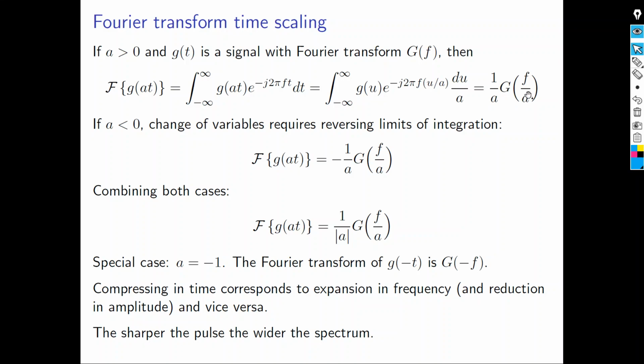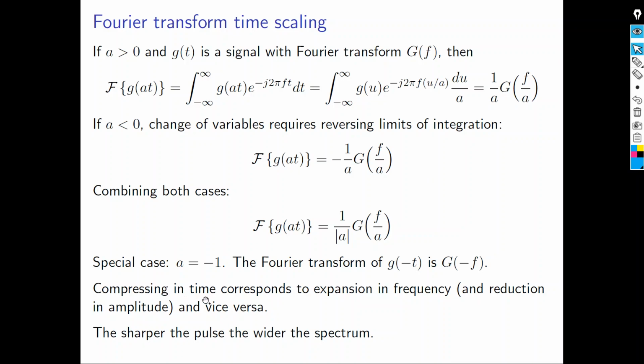So your signal shrinks or expands, basically shrinks. But if alpha is greater than 1, let's say f over 5, it expands.